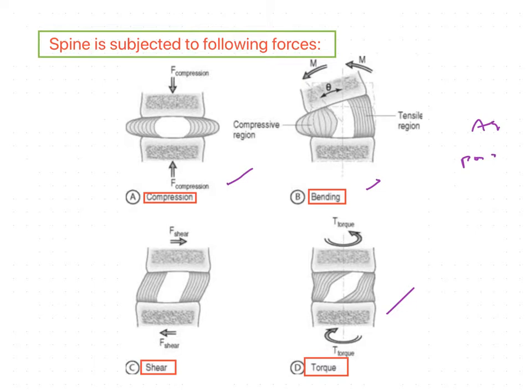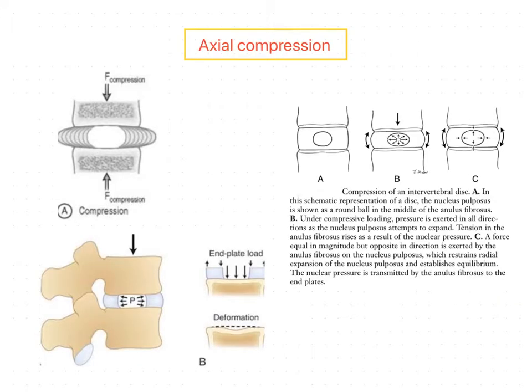Now first we are going to discuss axial compression. Here the force is acting through the long axis of the spine at right angles to the disc.